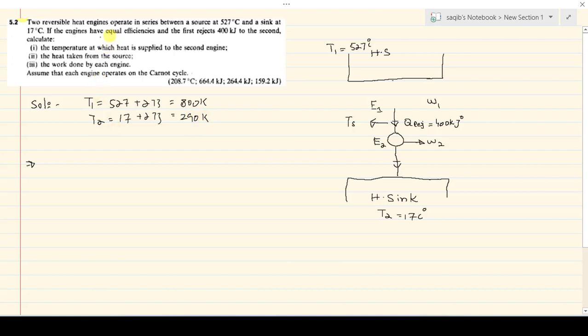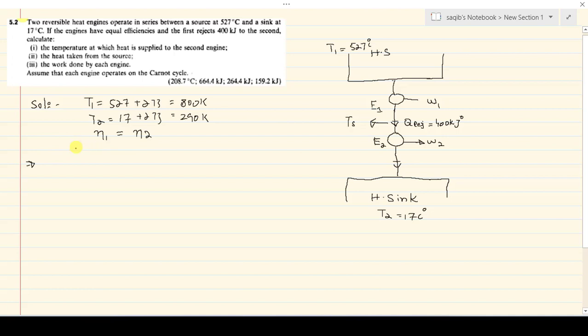Now the condition given is equal efficiency, so this is engine 1, this is engine 2, and both engines work on the same efficiency. So engine 1 efficiency will be equal to engine 2 efficiency.